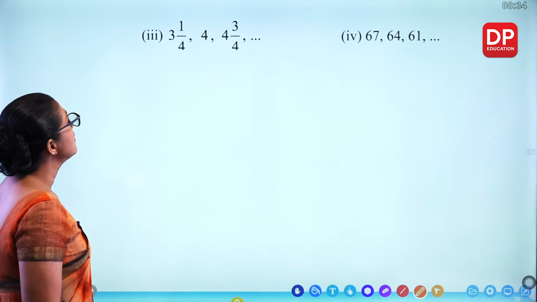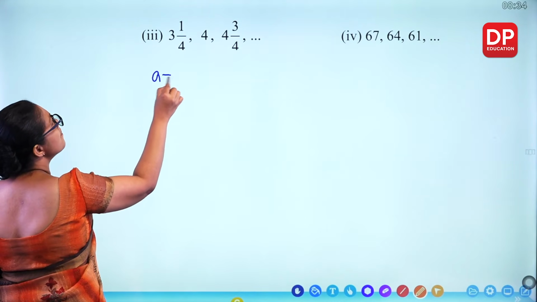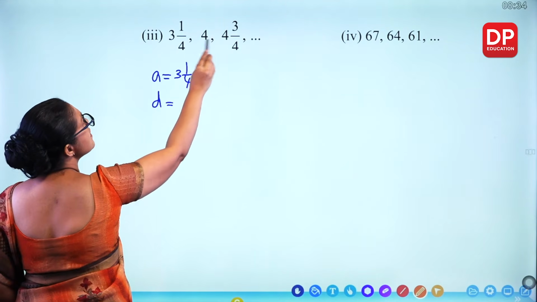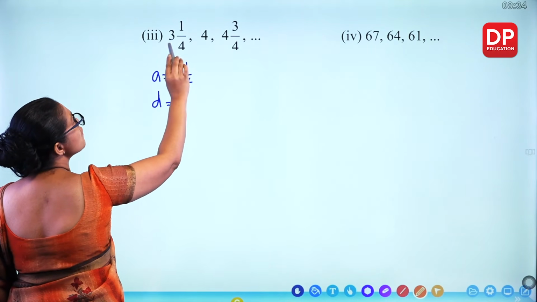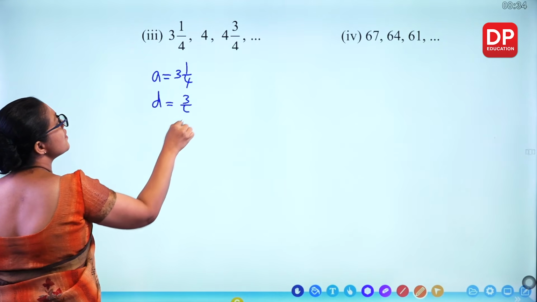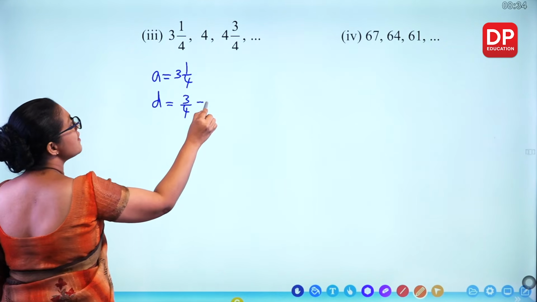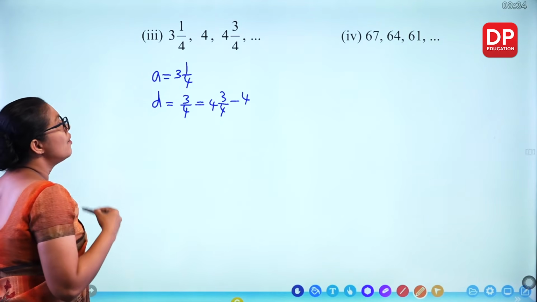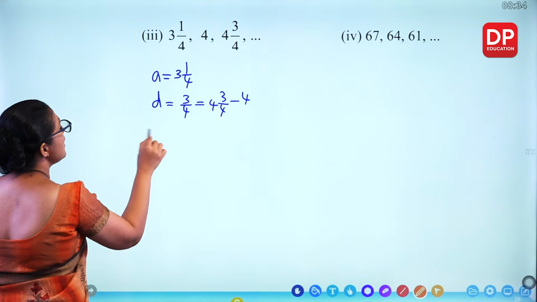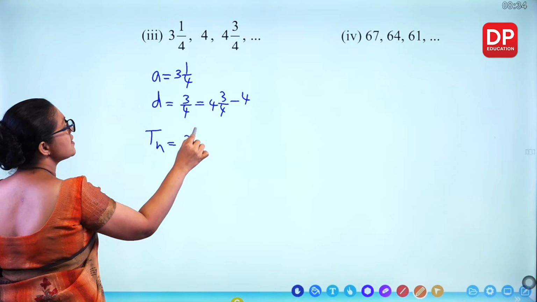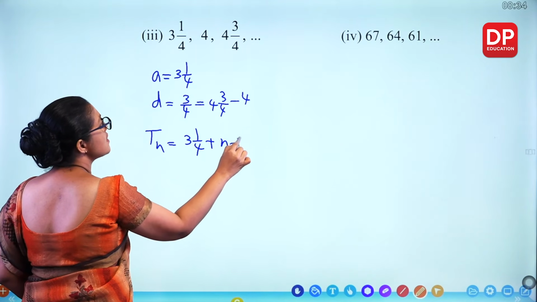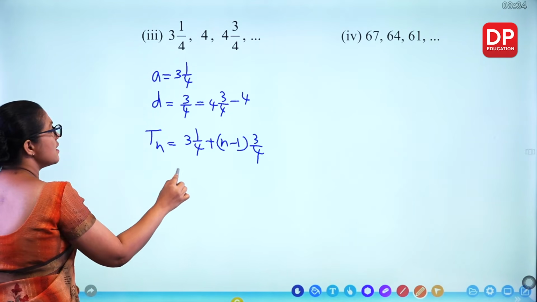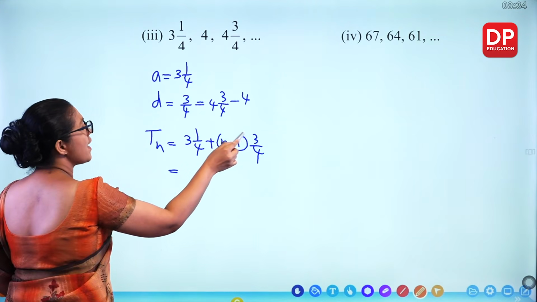Next one. What's the first term? 3 1/4. What's the difference? 4. It's easy to subtract these two. 4 minus 4, 0. You get D as 3/4. I'll write down how you got it. 3/4 minus 4. We know A and D. Find out the nth term. Tn equals first term plus n minus 1 d. D is 3/4. You have to expand brackets.